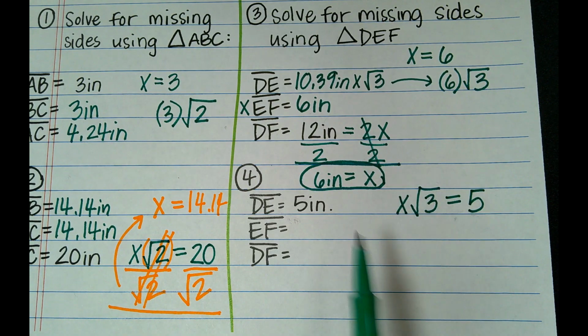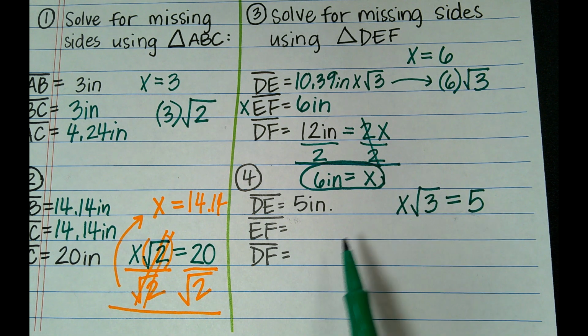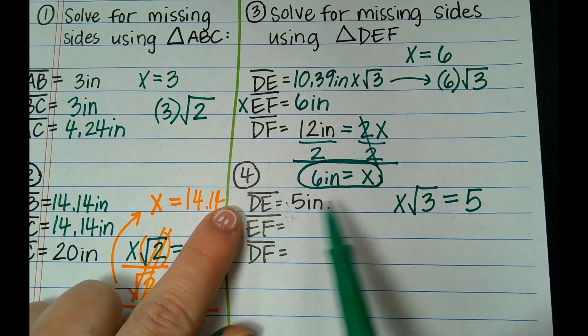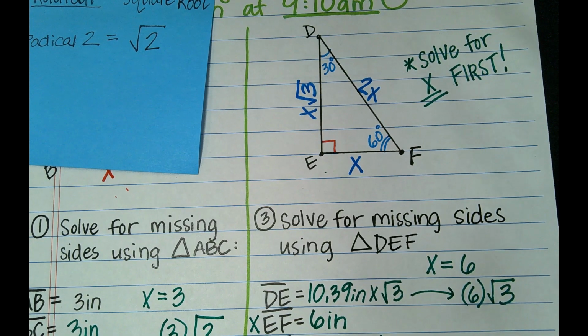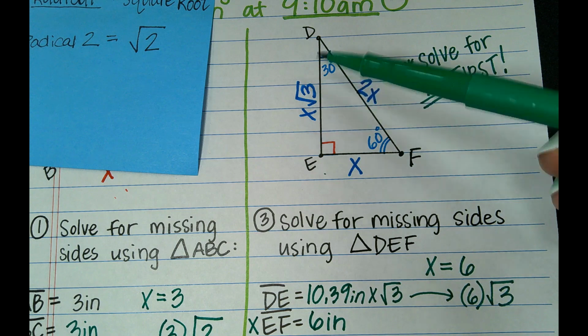And before we solve this, does anybody feel uncertain about why we set these equal to each other? I don't quite understand why. Okay, perfect. So let's just run through it again. DE is 5 inches. So I go up to my picture and I look for DE. DE is x radical 3.